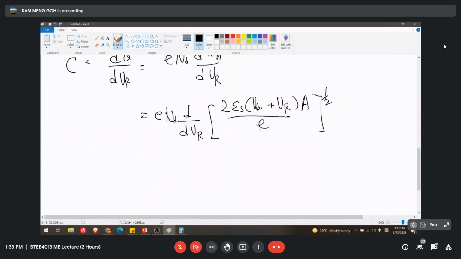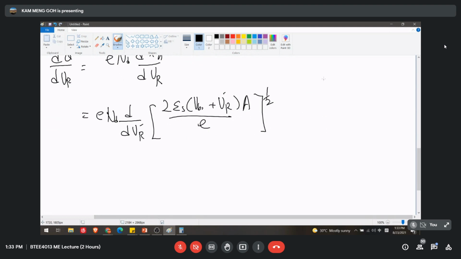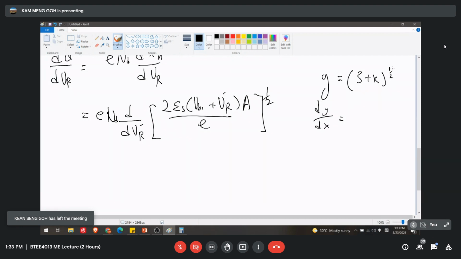Square root is very important. Since this is differentiated with respect to VR, we go back to the simple formula that we have done last time. Let's say we have something like this: if we do dy/ds, at first we carry forward, half (3 plus s) to the power of half minus 1, and then we multiply the derivative of the inside, which equals 1.